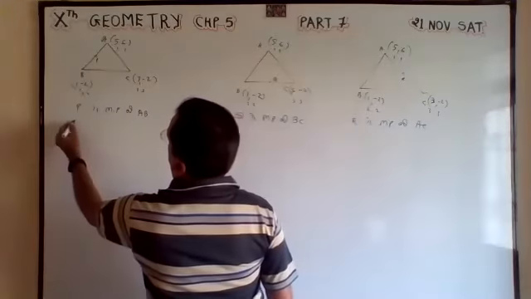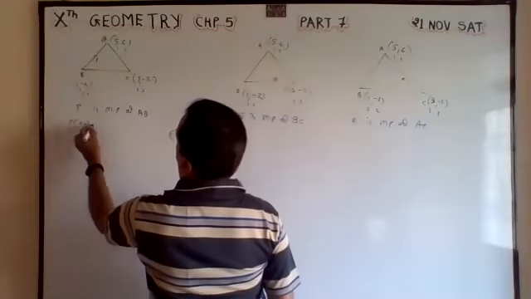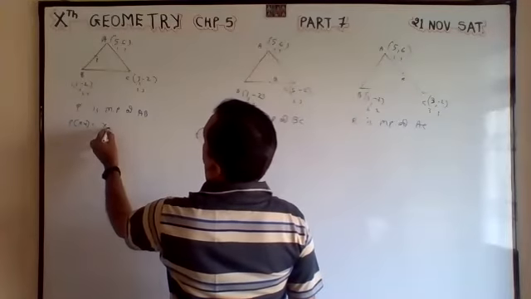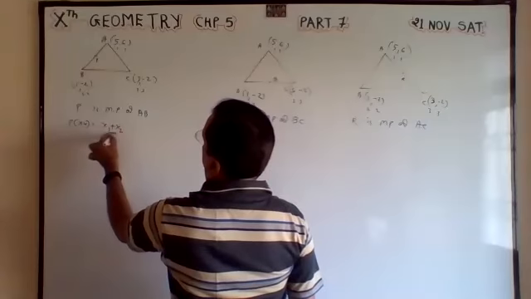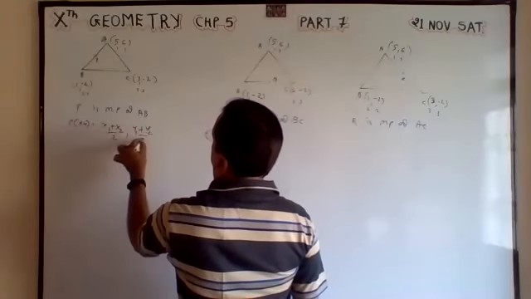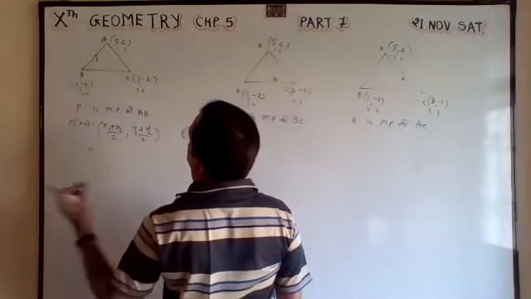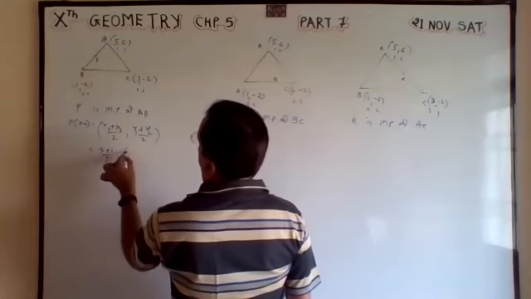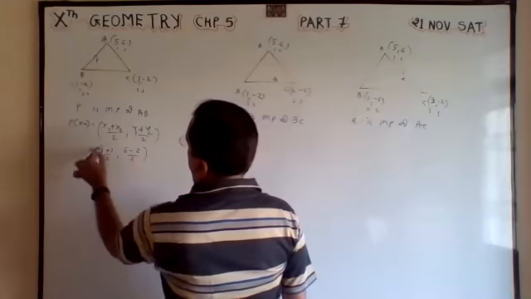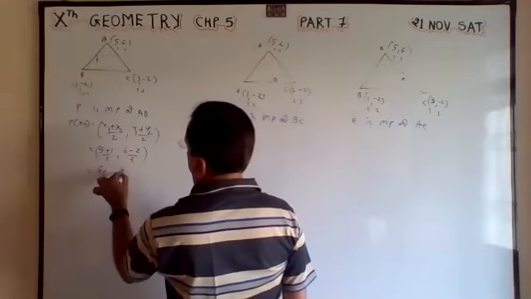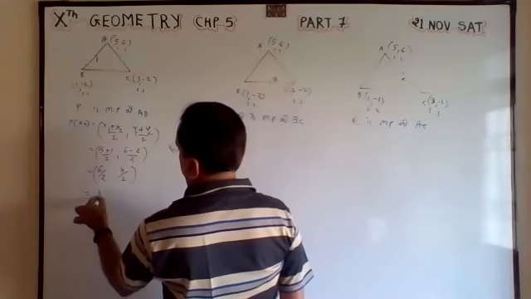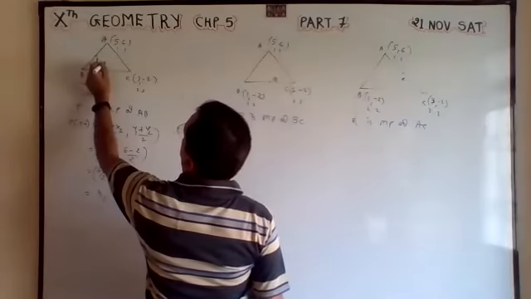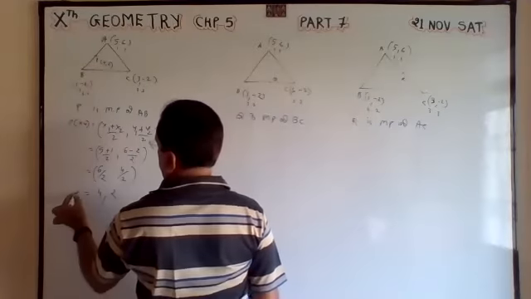So P(x, y) is equal to AB midpoint, 5 plus 1 by 2, so this is 4, 2.